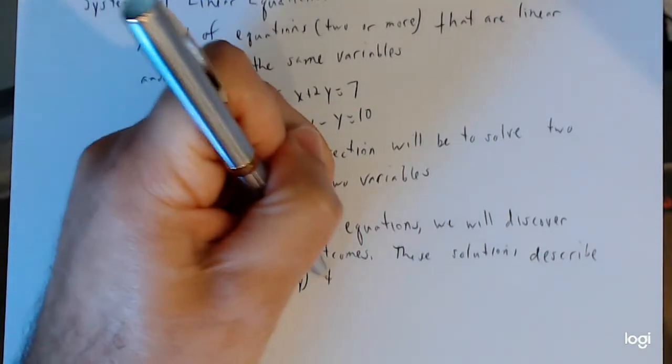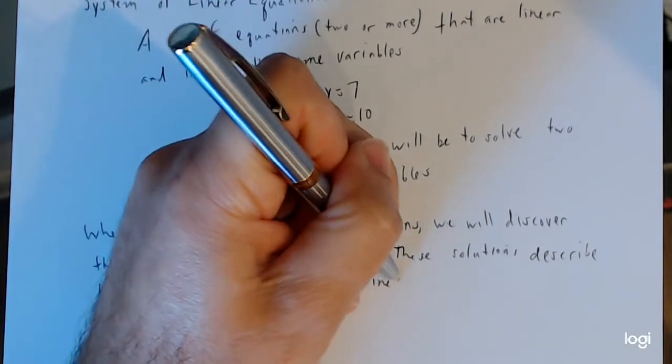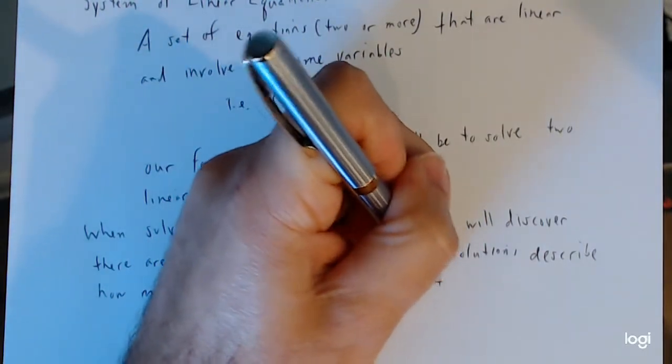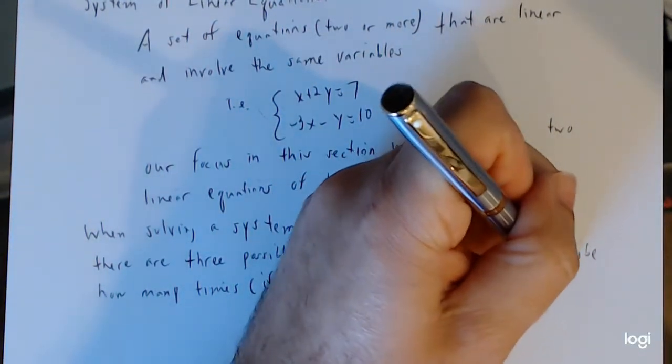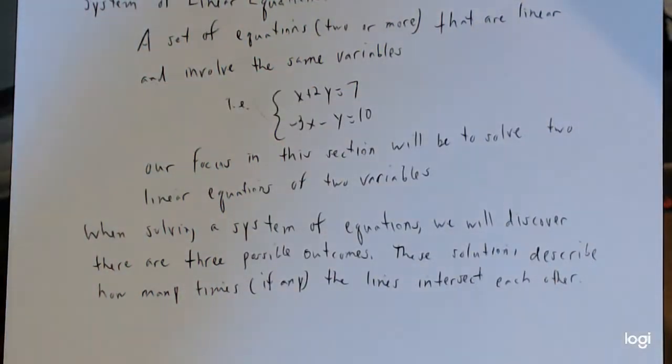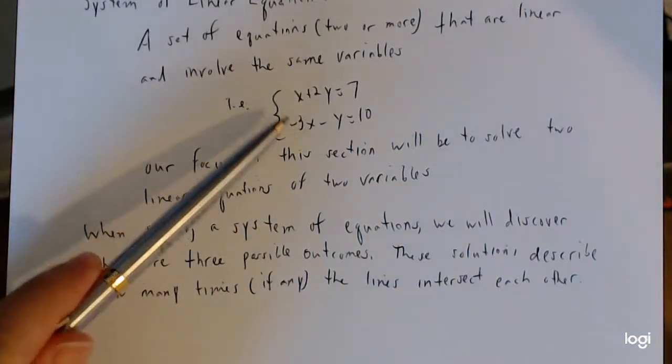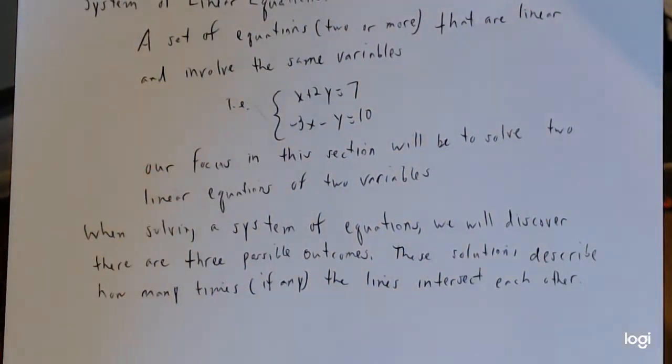The lines intersect each other. A visual description of what's going on is this. We're trying to find the solution of these lines, and the solution is literally the points at which these two lines intersect each other, if they ever do. So my solution is pretty much saying how many times they intersect one another. And then we'll see that we could actually break this down into three possibilities.